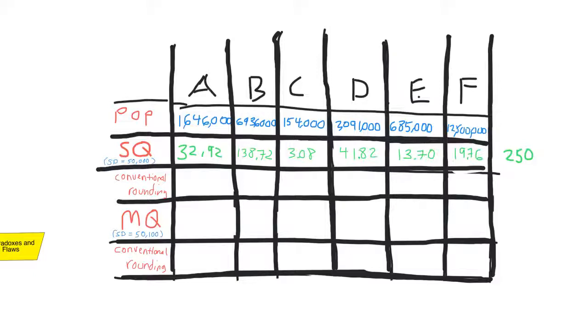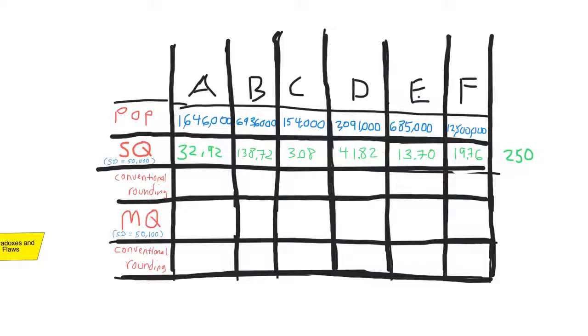Okay, so then you go ahead and you find the standard quota, which is a matter of taking the state population and dividing it by 50,000. The standard quota for state A is 32.92, and so on. Now, when you have the standard quota, you should be able to add it all up, and you would get 250.